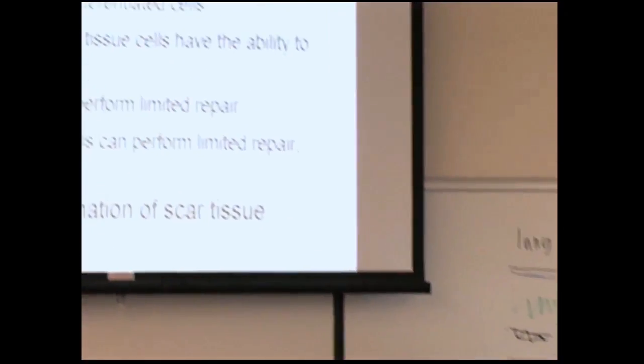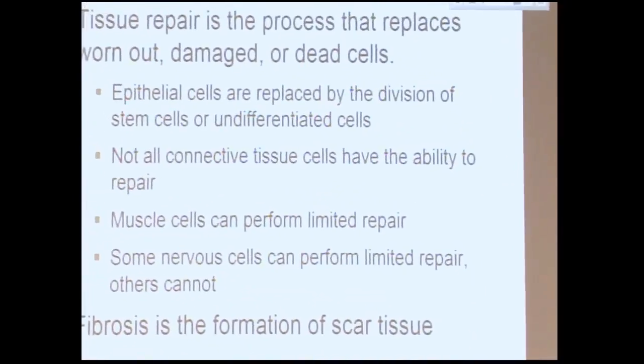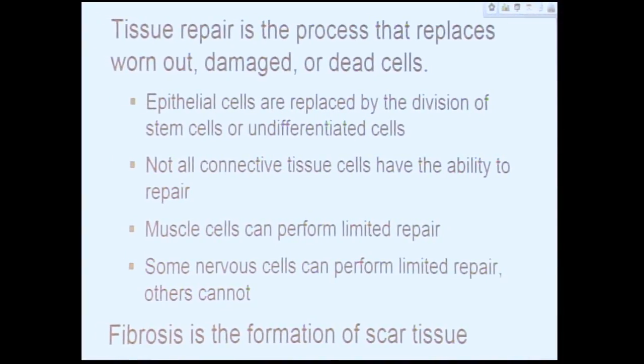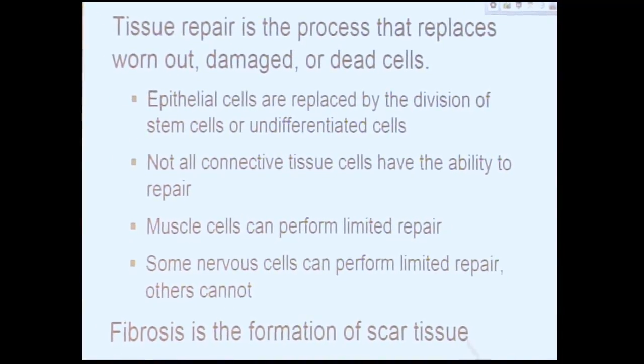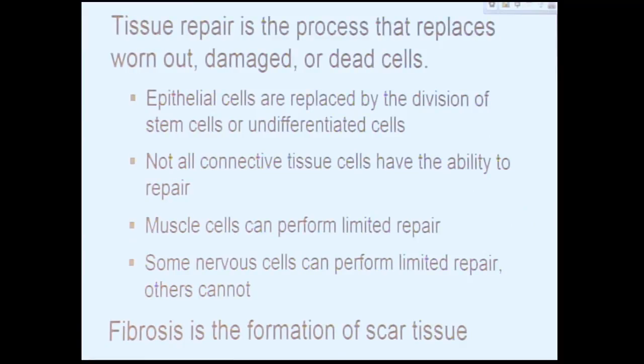All right, and just one last slide about tissue repair, even though we mostly already talked about that. Especially in those epithelial tissues, those cells are not all that strong, and they don't live that long. They're made to be constantly replaced.